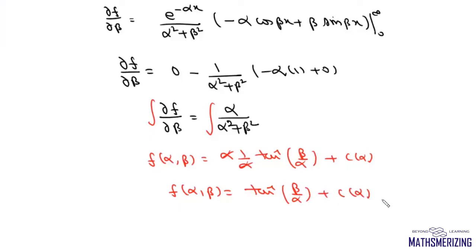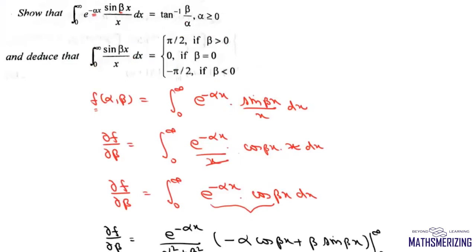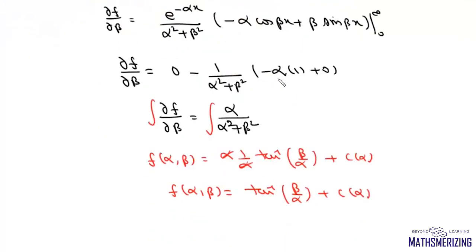Now we need to find initial conditions. If we put beta as 0, we'll get f(alpha, 0), and then here we'll have sine 0. So the value of f(alpha, 0) will be simply 0. So we'll use this initial condition. If we put beta as 0, here it will be 0, tan inverse 0 will be 0, and then plus c(alpha), that means the value of this constant is simply 0.